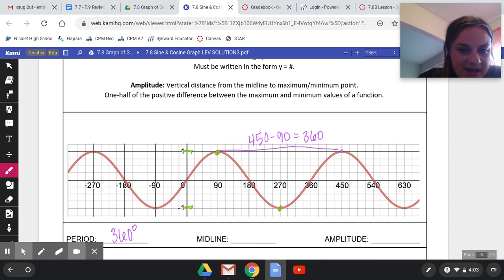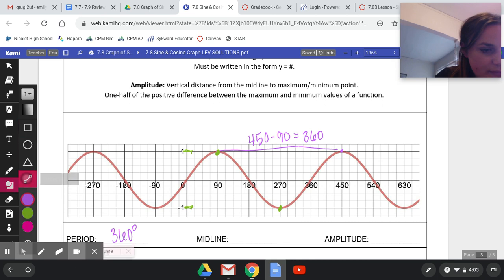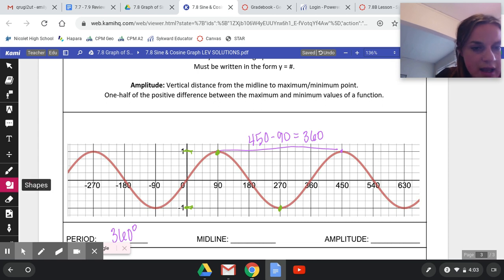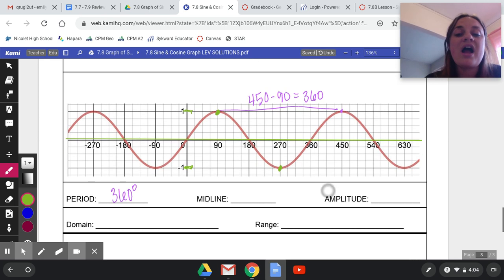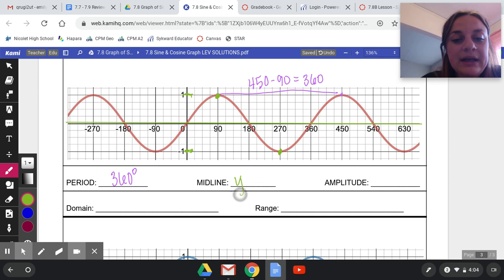Halfway between +1 and -1 is just 0. So in this case, it's pretty easy to see. If I draw in that midline, there it is, approximately. So the midline is at 0, and it always has to be in the form y equals something. So my midline is at y equals 0.